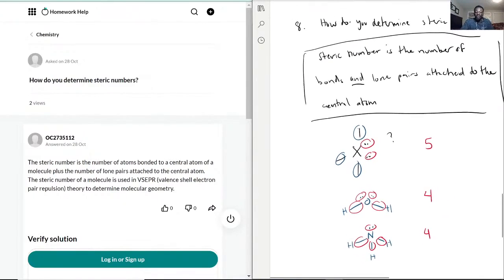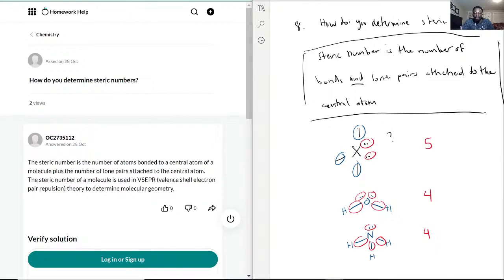There are a few other cases, which include phosphorus and sulfur, and then hydrogen only has 1 bond, so I'm pretty sure it doesn't have a steric number. Technically, you can say it has a steric number of 1, but yeah.